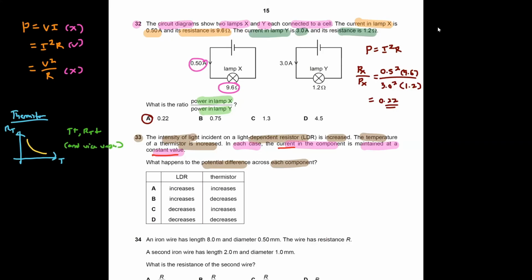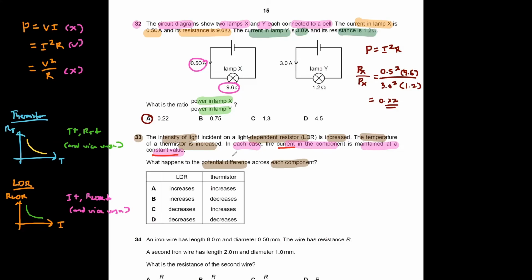Okay, and then when it comes to your LDR, if you look at the variation of your LDR resistance with intensity of light, not current. I here stands for intensity, not current, all right? So it will also follow the same graph shape. In our case here, we say that as intensity increases, resistance of your LDR decreases and vice versa.